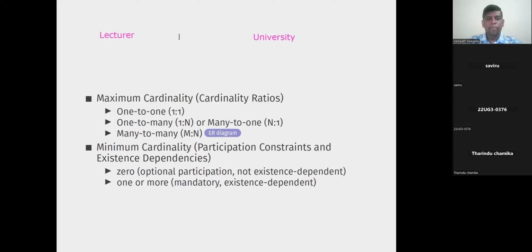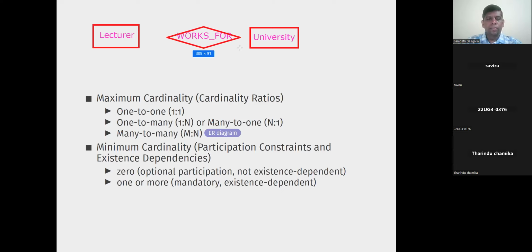So I can have a relationship called works for. Let me put down the blocks. This is an entity, and this is also an entity, but this we know is a relation. And then we have connectivity. Okay, lecturers work for university.